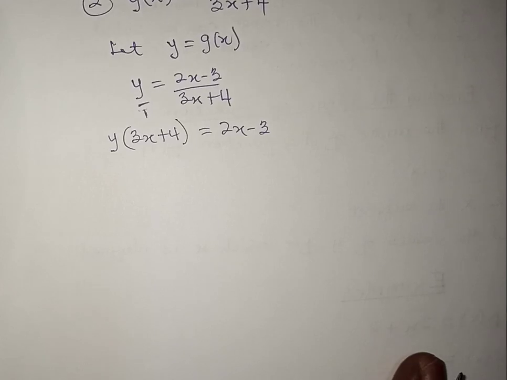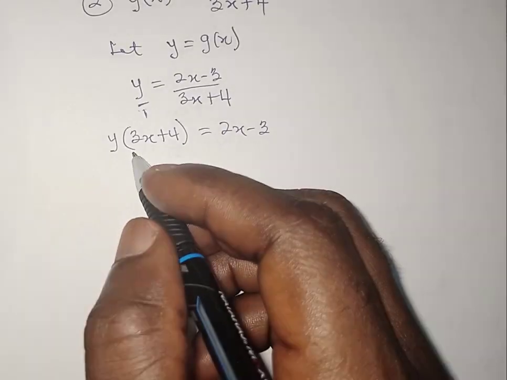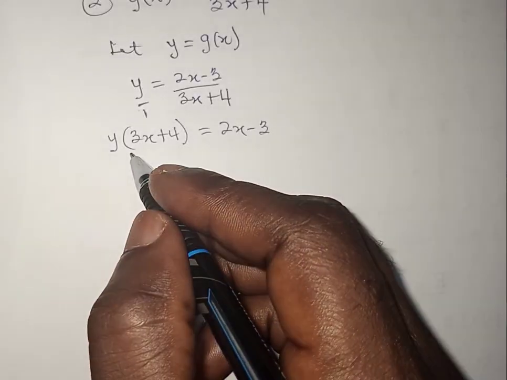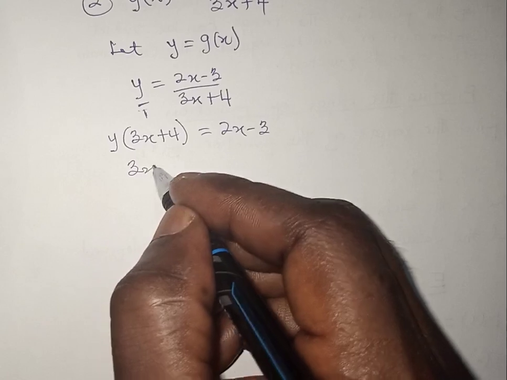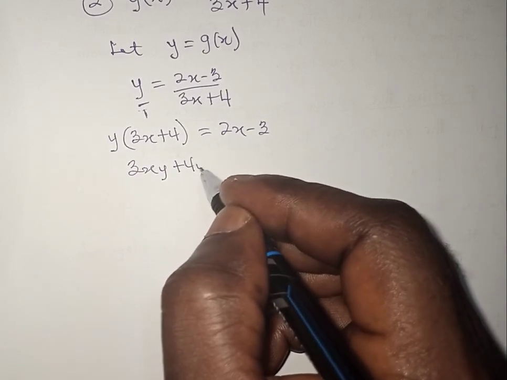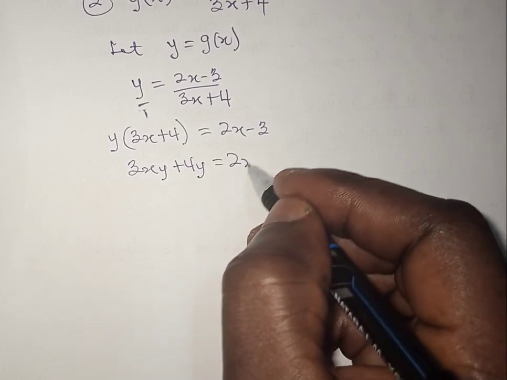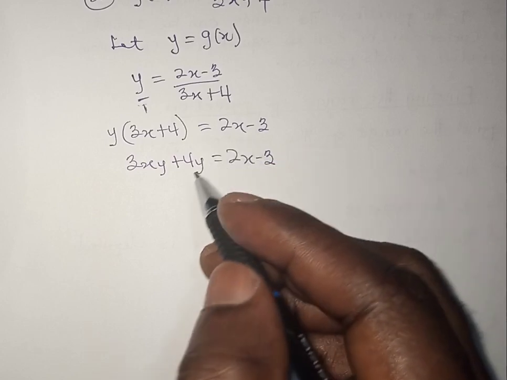Once I have it this way, I can just open the bracket. So if I'm opening the bracket, then I have 3xy plus 4y is equal to 2x minus 3. All right, good.